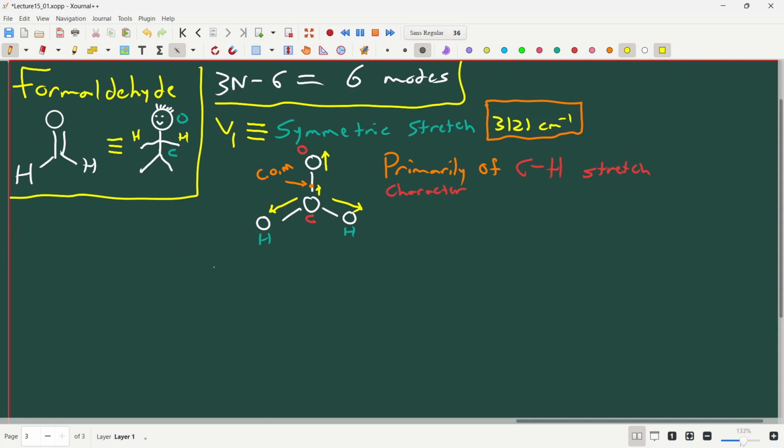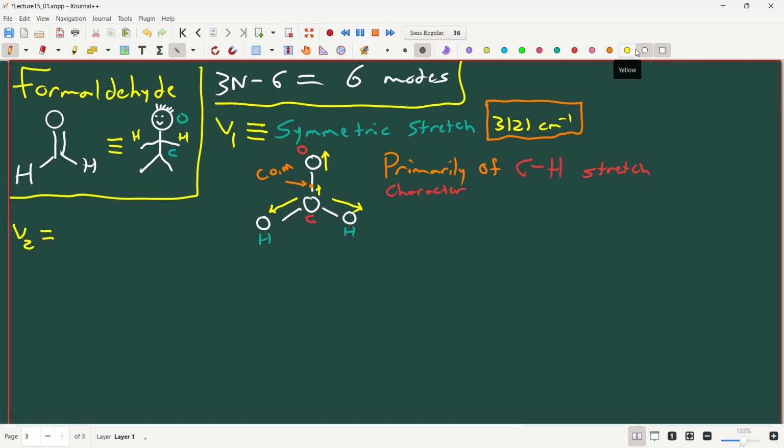All right, let's go to the next one. Nu 2 is another type of symmetric stretch. We could call it symmetric stretch number 2, but more commonly it's called the CO stretch. And it's a symmetric stretch.